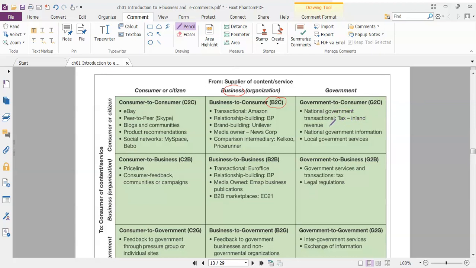Every person with income of more than 4,000 a month needs to log in to the inland revenue website so that the government can tax your salary or income. Everything right now is online. You don't need to go to the inland revenue department or office to be taxed by the government. Then national government information, and local government services.